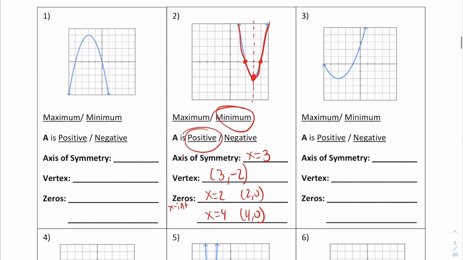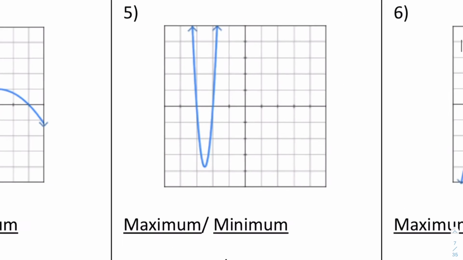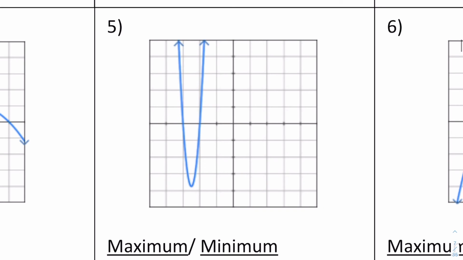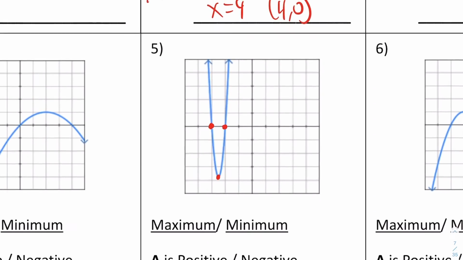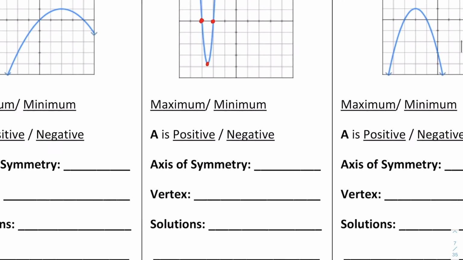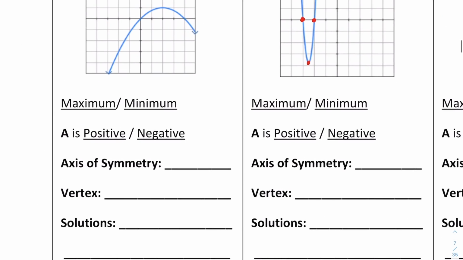Okay, so I won't do this one for you, but I'll just read it out with you. This one's opening upwards. That means it has a minimum. If you look here and here and here, those are the points you're going to need to write down for the vertex and for the solutions.